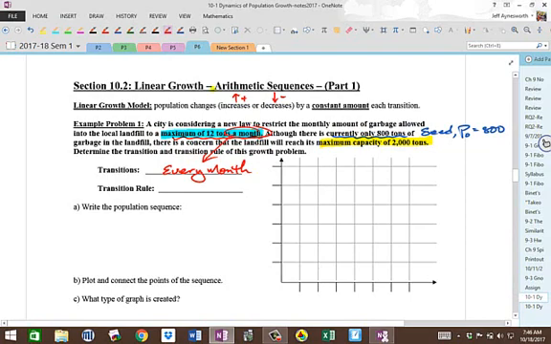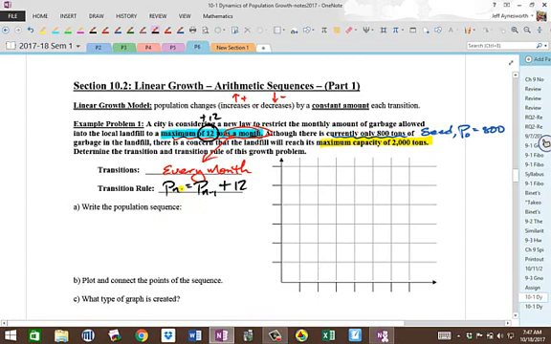So our transition rule looks like this: P sub n, where P sub n is the number of tons, is whatever the previous month plus 12. You can add a maximum of 12 tons per month. So it's the previous month, P sub n minus 1, plus 12 max more. And again, P sub n stands for the number of tons per month.